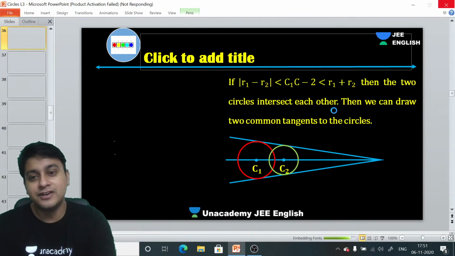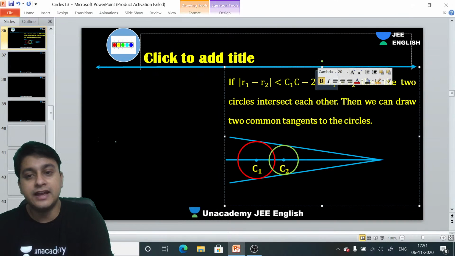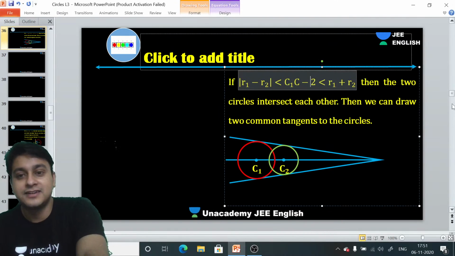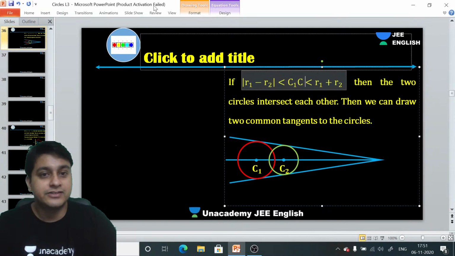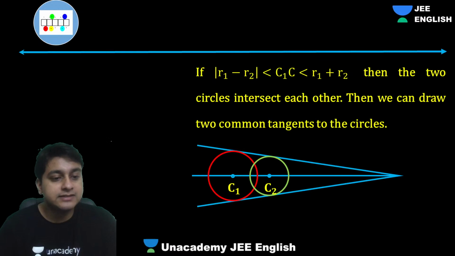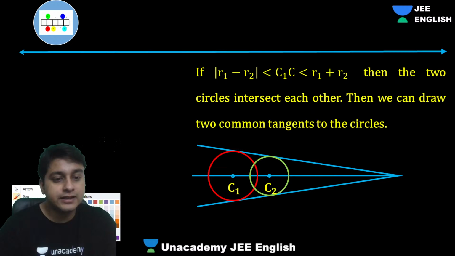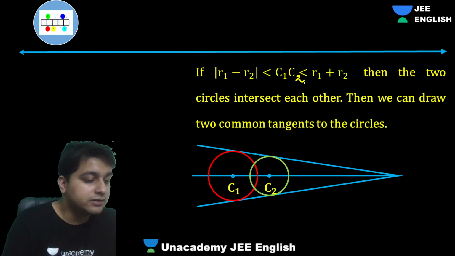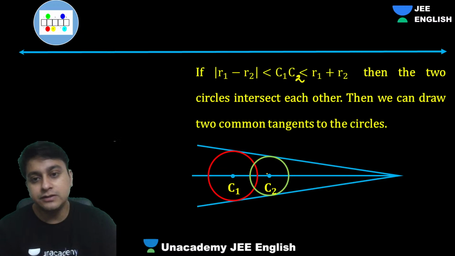First we had non-intersecting circles, then we have intersecting circles. So now let's suppose here we have C1 and C2, and they are intersecting circles. So what can we say from here? That's the concept which we are looking at. Let's see what we can do, guys.